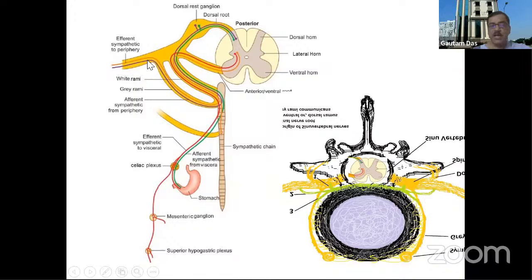The fibers come along with the nerve root, and then via the gray rami communicans, they join the sympathetic chain. For the lumbar disc, they have to ascend up, and they can enter the spinal cord only via L2 and above, because at T1 to L2 we have the connection between the sympathetic chain and the spinal cord. At all other levels, there is no connection between the sympathetic chain and the spinal cord.